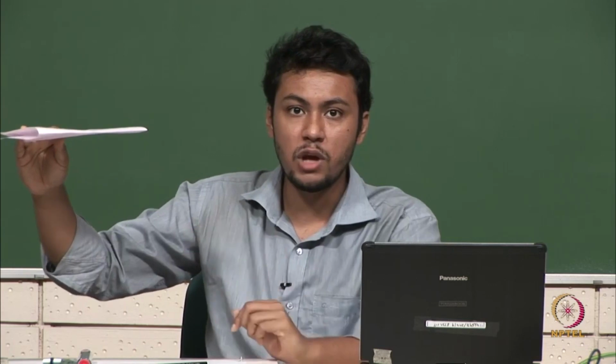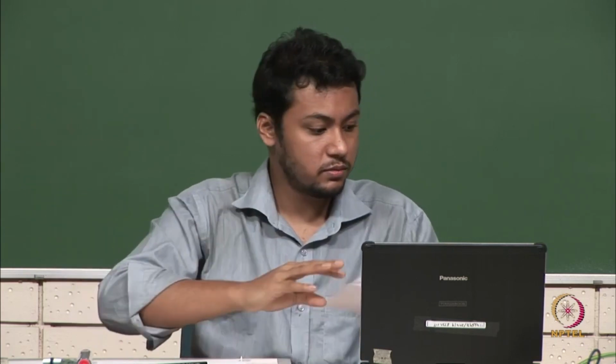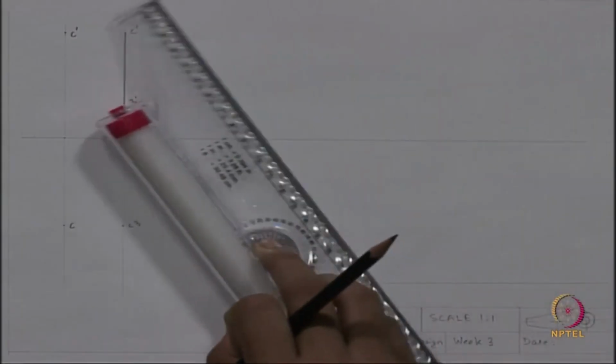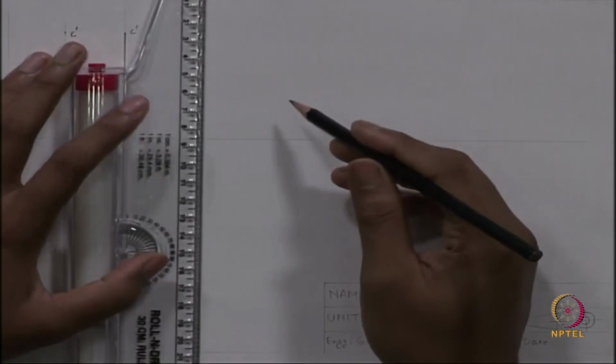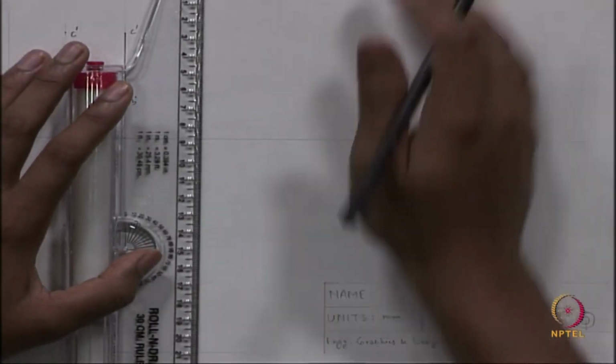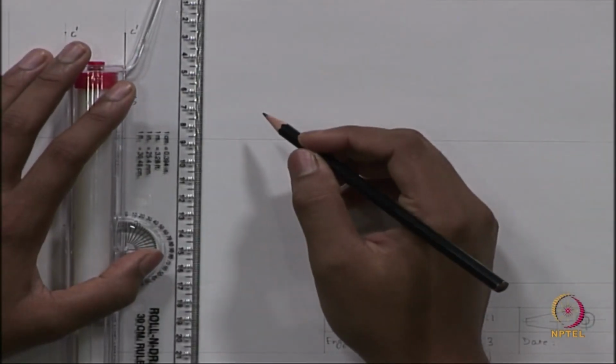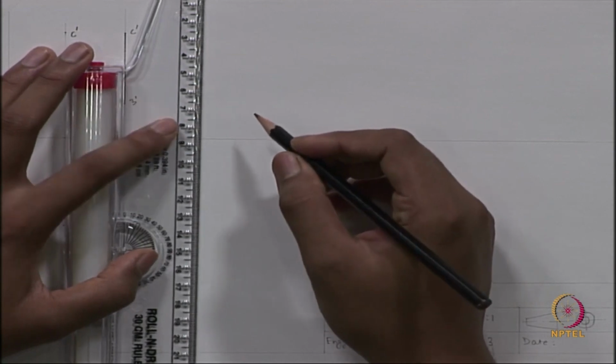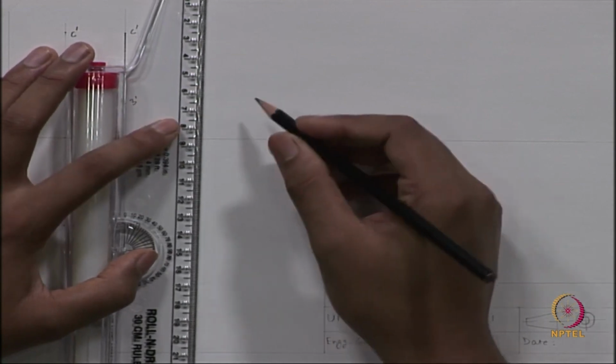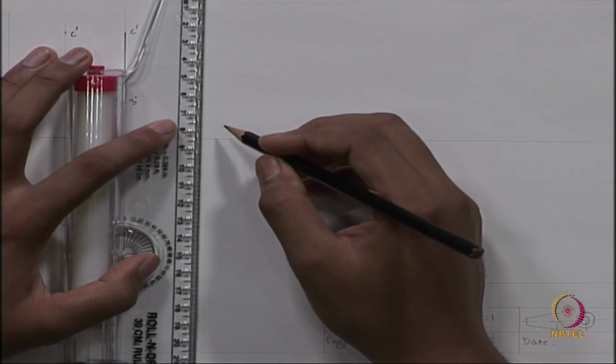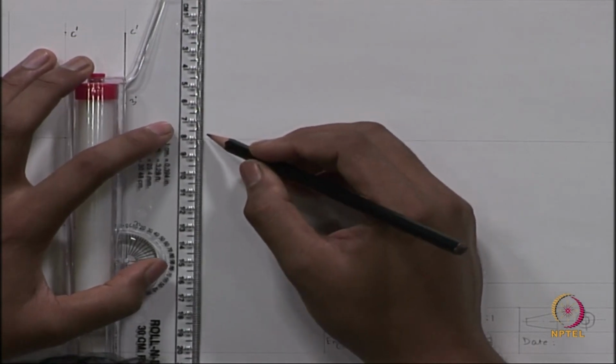That is what we have to draw in the front view. So, for plane ABCD, the front view will be a line and the line will be situated at a distance of 60 from reference line.